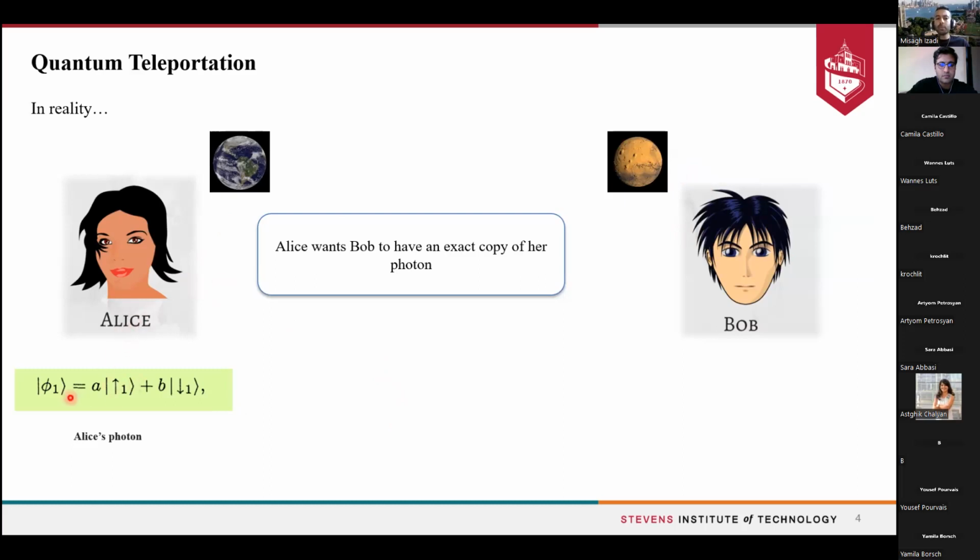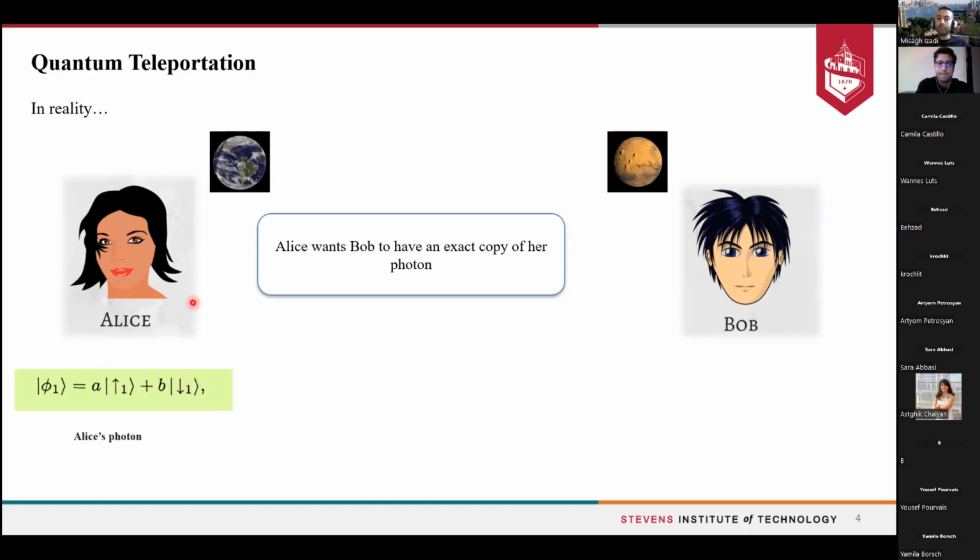Alice already has a quantum state, which can be a photon here. This phi 1 is just a wave function of her quantum state, and this can be a photon in a linear polarization state, for example, a superposition of horizontal and vertical. This spin up here is vertical, and this spin down here is horizontal polarization.